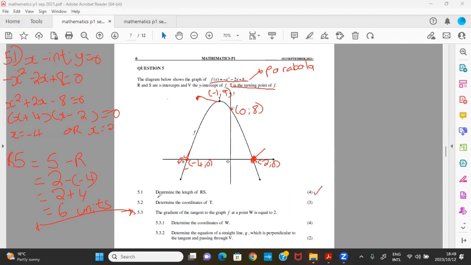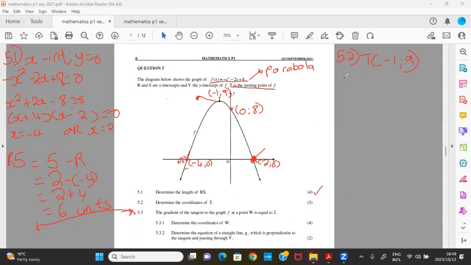And now they say 5.2, determine the coordinates of T. As we have already looked for it, as I said, in an exam you already know that T is -1 and 9.